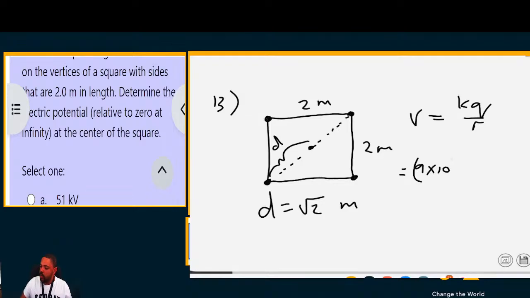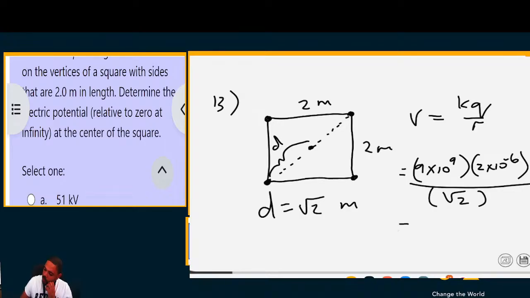So that's equal to 9 times 10 to the 9. Excuse me, I almost wrote negative 9. Multiplied by 2 microcoulomb, 2 times 10 to the negative 6. And there we have it. The distance from that one charge to the center is square root 2, and that gives you a voltage, if you work it out, of approximately around this value.